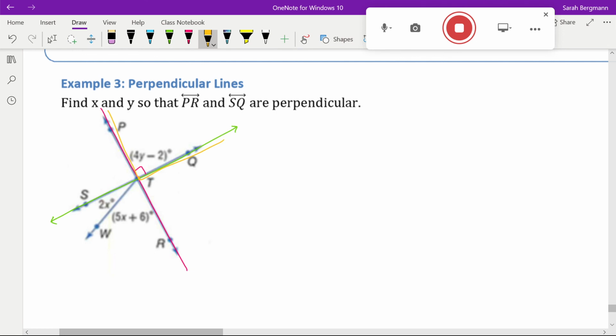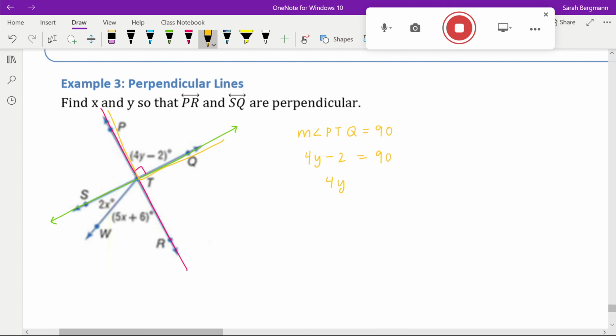Remember, a right angle has the measure of 90 degrees. So I know that the measure of angle PTQ must be equal to 90 if they're going to be perpendicular. Now I can substitute 4y minus 2 for the measure of angle PTQ.